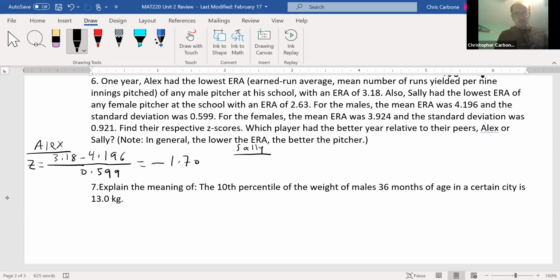And then for Sally, her value is 2.63 minus 3.924 divided by 0.921. Rounding that gives us a value of negative 1.40.